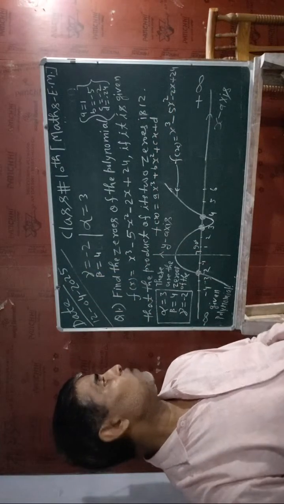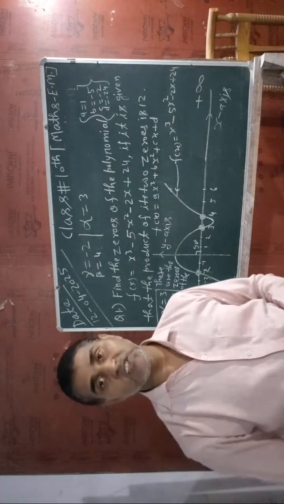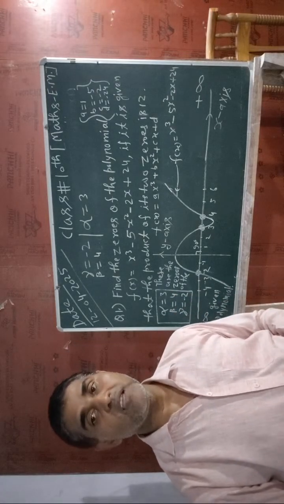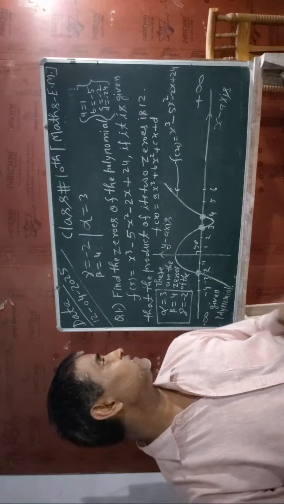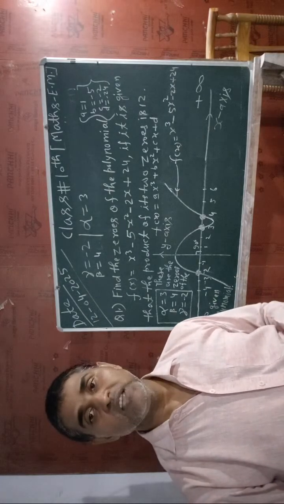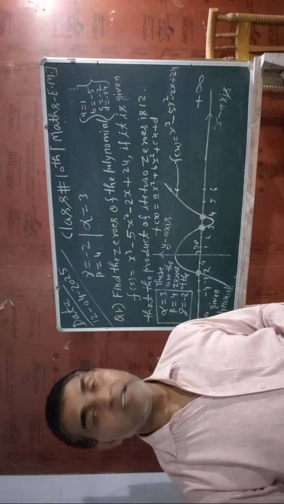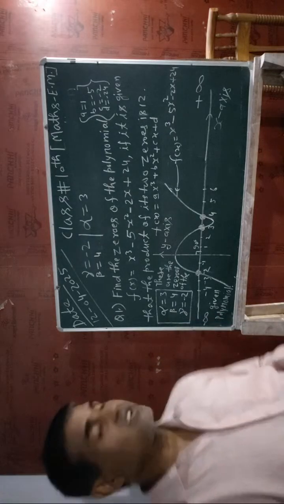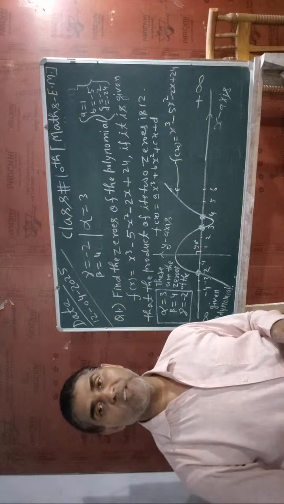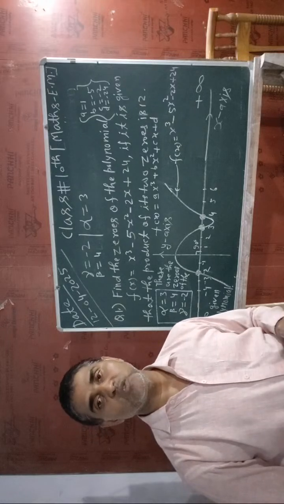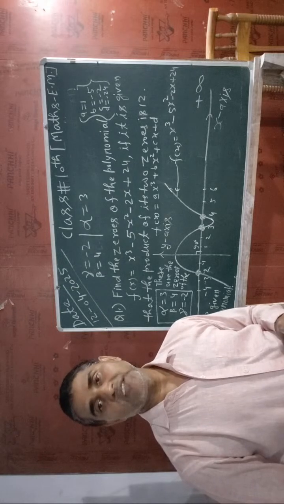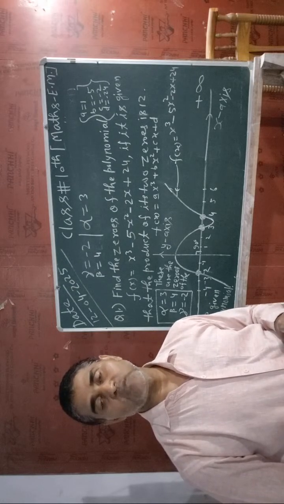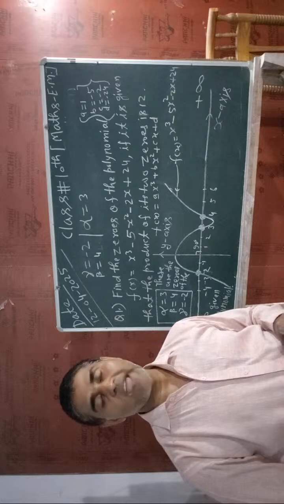Now I have used the general cubic polynomial. With the given polynomial, I have compared these two equations and I have got the values a, b, c and d. I have used the concept of cubic polynomials: the sum of the zeros, alpha plus beta plus gamma, is equal to minus the coefficient of x square divided by the coefficient of x cube, that is minus b divided by a.